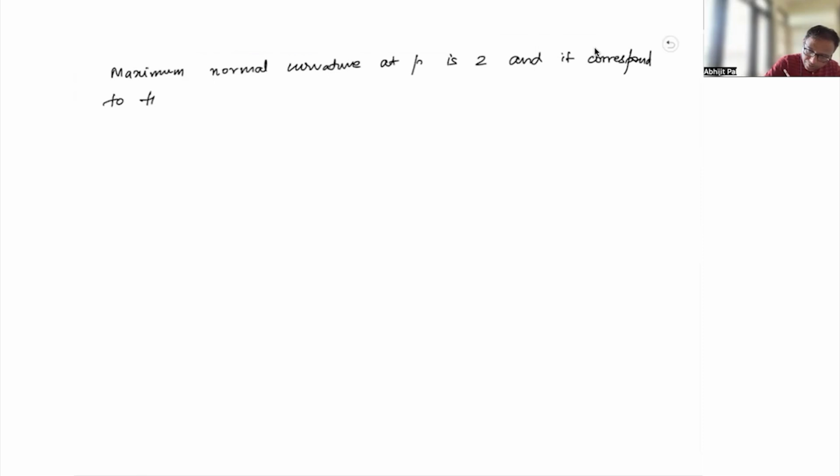So the maximum normal curvature at P is 2, and it corresponds to the curve alpha 2 with principal direction (0, 1, 0).